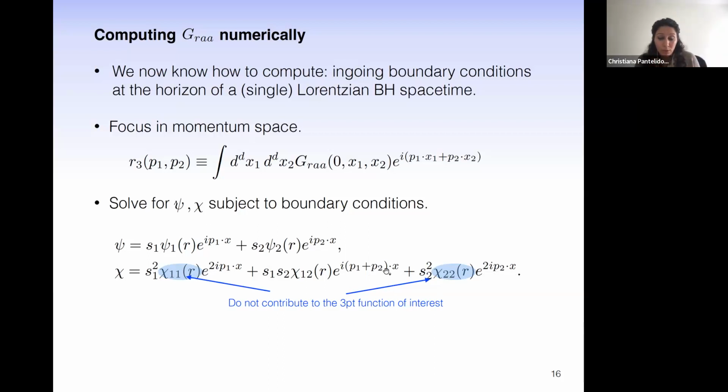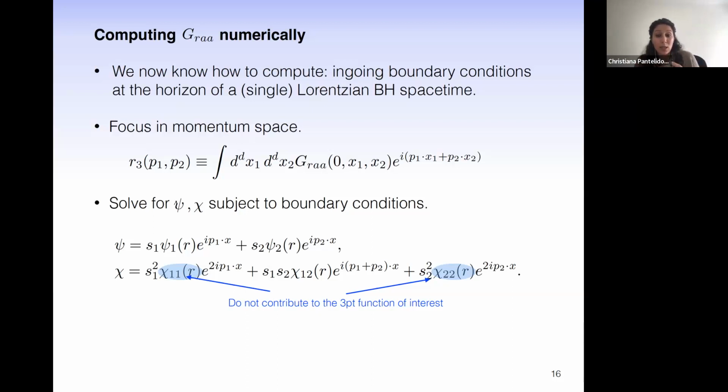Now, for the computation of the 3-point functions that we want, chi1,1 and chi2,2 will not contribute. So we can just forget about them and focus on chi1,2.